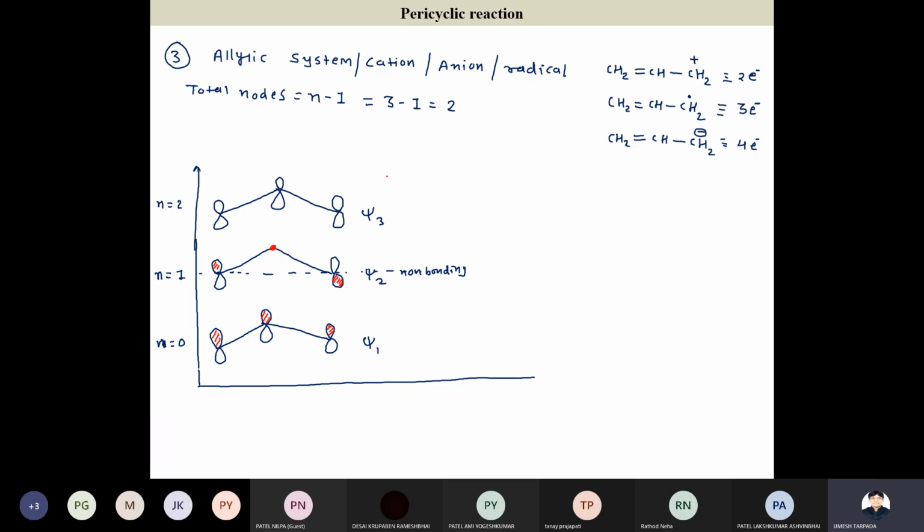What about the third level, psi 3? There are 2 nodes. The first node is between atoms 1 and 2, and the second between 2 and 3.